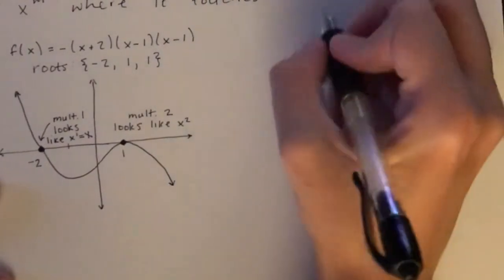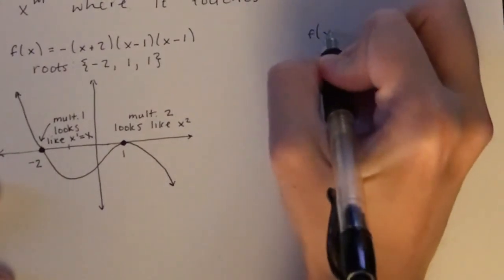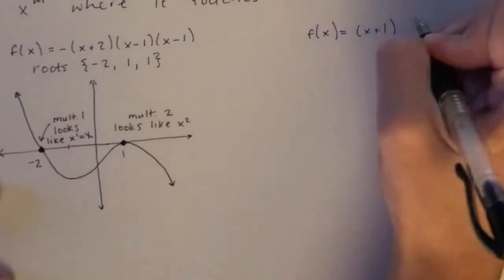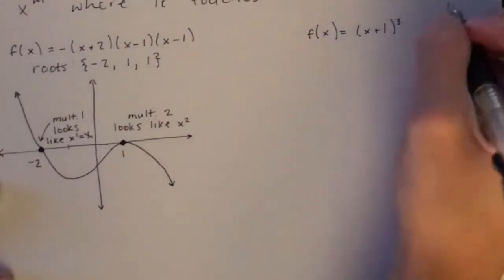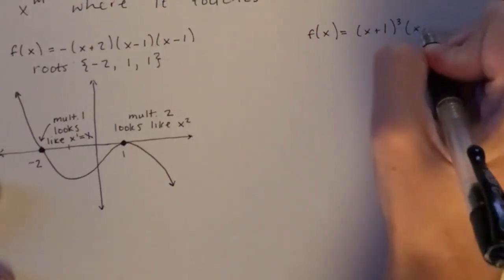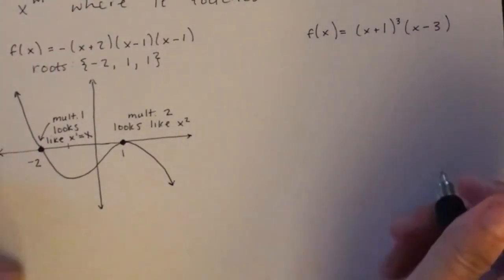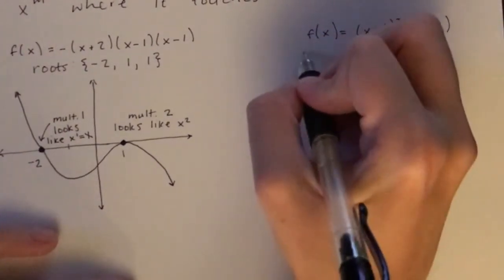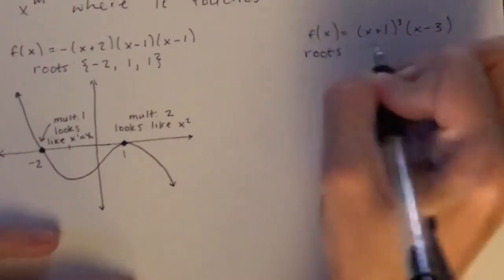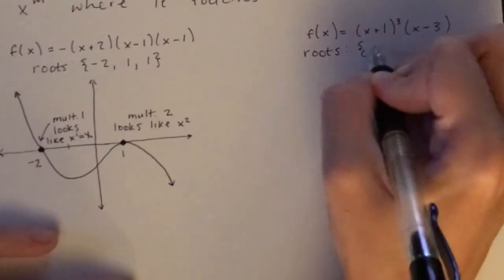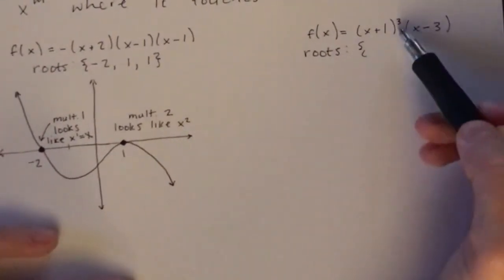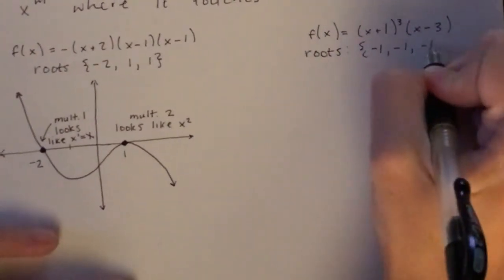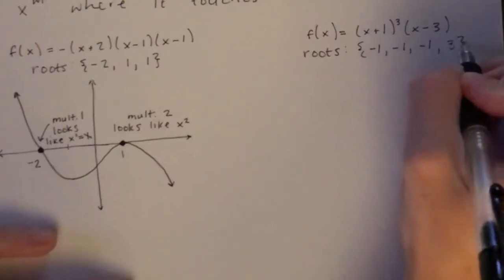Let's look at another one. Let's say we have f of x equals (x plus 3)(x plus 1) cubed times (x minus 3). So what are our roots here? Well, we have negative 1, 3 times. And positive 3.